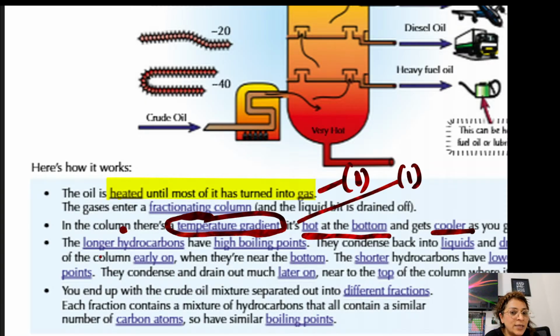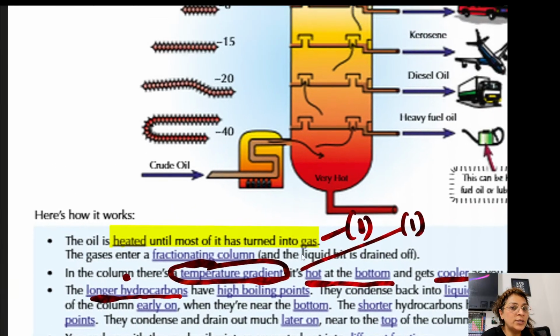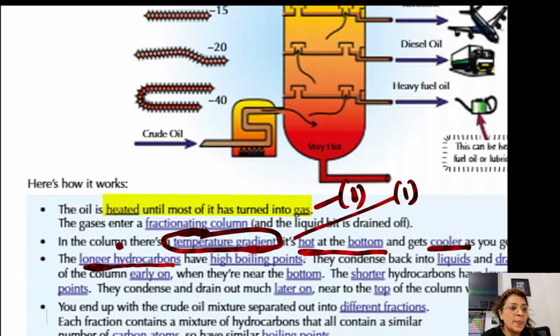Which hydrocarbon chain will be condensed at which part of the fractional distillation column, longer or shorter? So no, the other way around. Longer will be condensed near the bottom. Shorter will be condensed near the top.